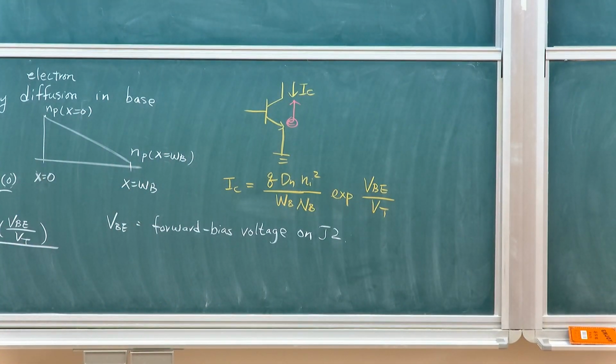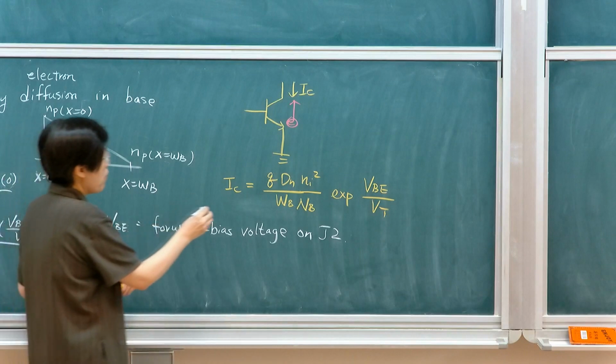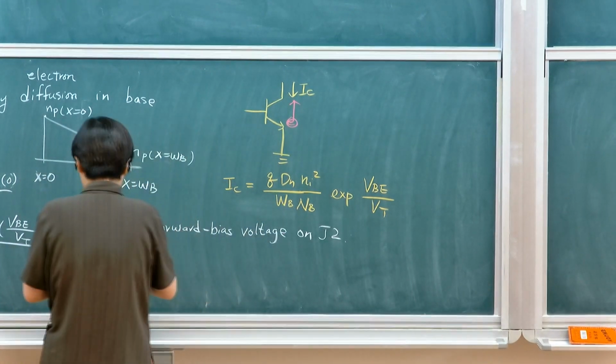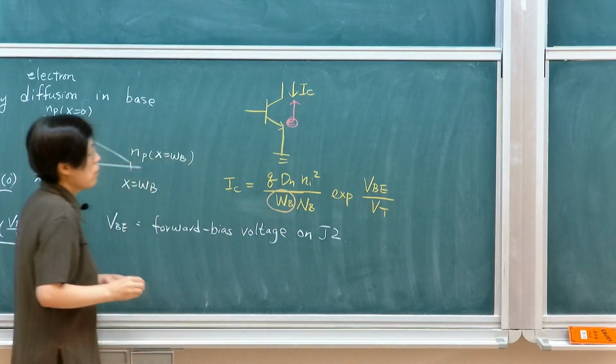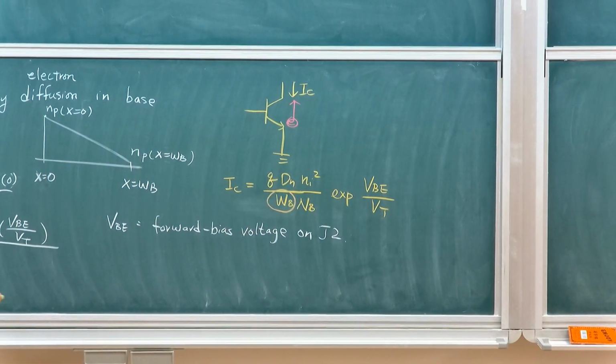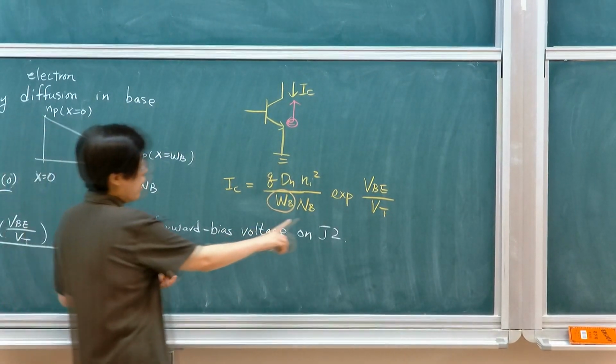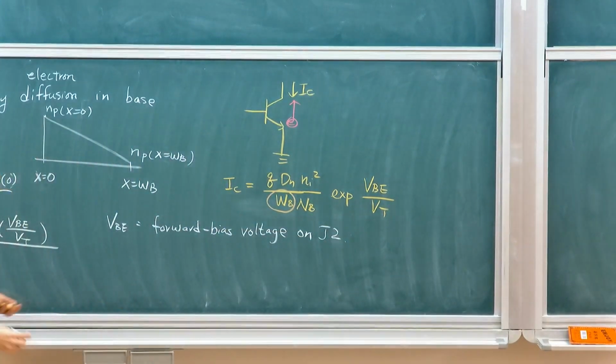This is your forward bias p-n junction equation. The only difference is that instead of having a diffusion length, we have a finite diffusion distance, right? And then it depends exponentially on the forward bias diode voltage.